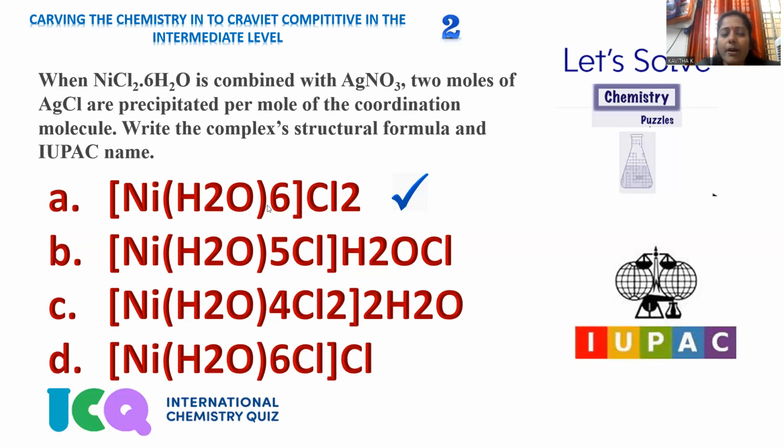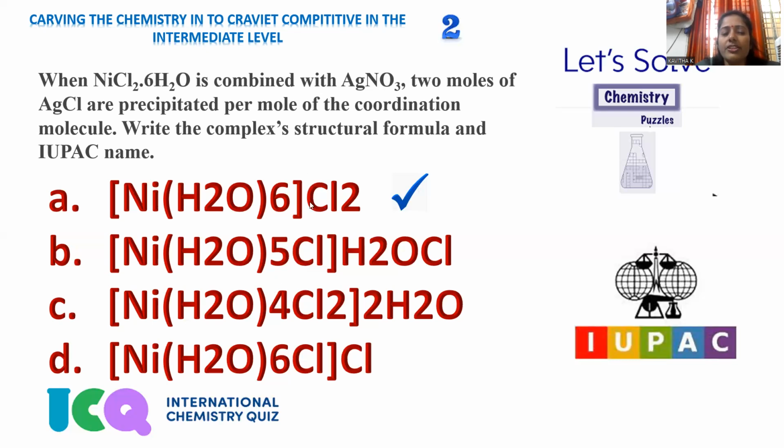It is pronounced hexaaquanickel 2 chloride. This is the way to give the IUPAC name.